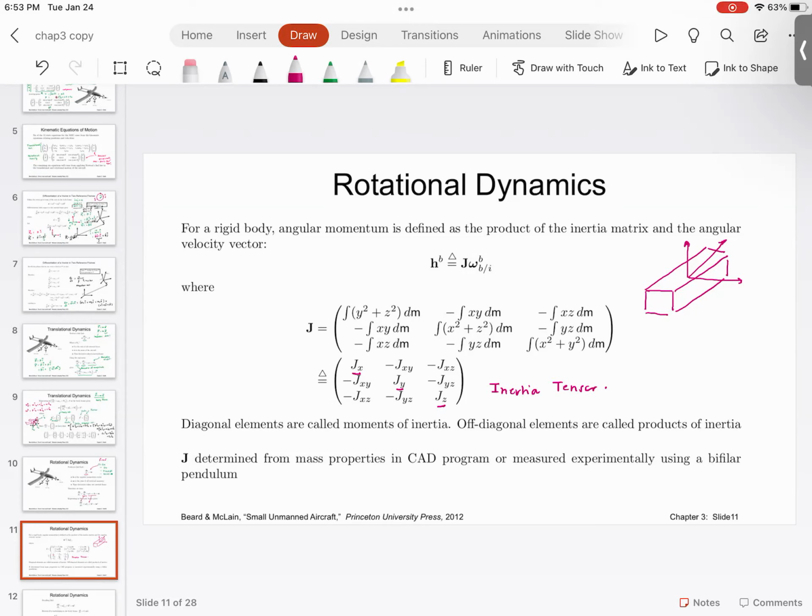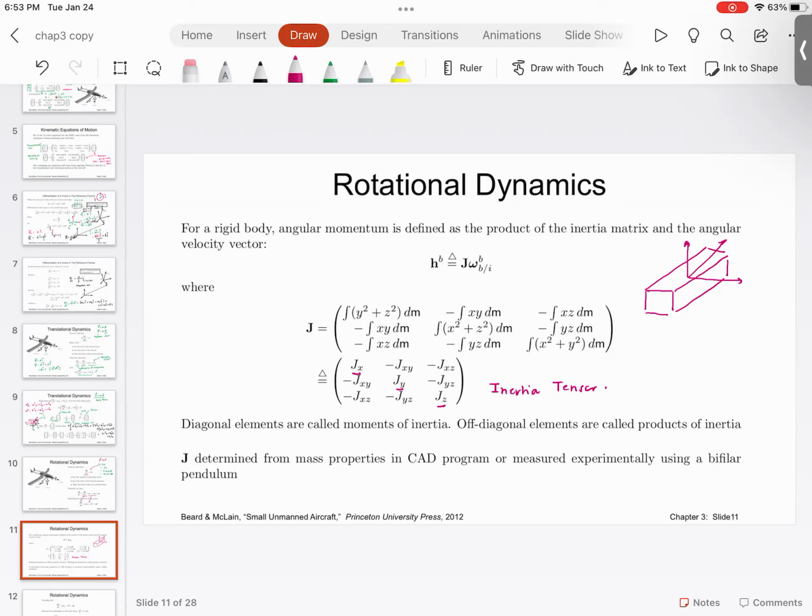Because at the end of the day, those are all integrations. You are taking the teeny tiny mass, its location, mass, its location, and you perform that integration over the entire volume. And what you get is the mass moment of inertia.